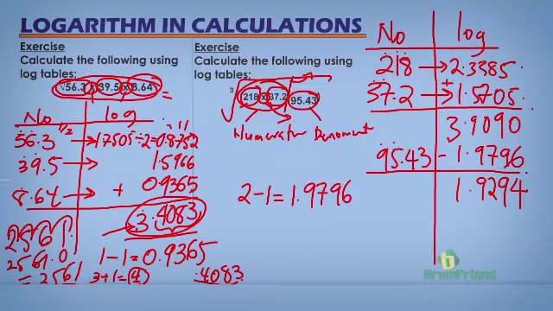But remember, we seek to find the cube root of all the problem that we have managed to solve so far. Let us rewrite our problem in another form. So we would have 218 times 37.2 all over 95.43, all in brackets raised to a power 1 over 3.